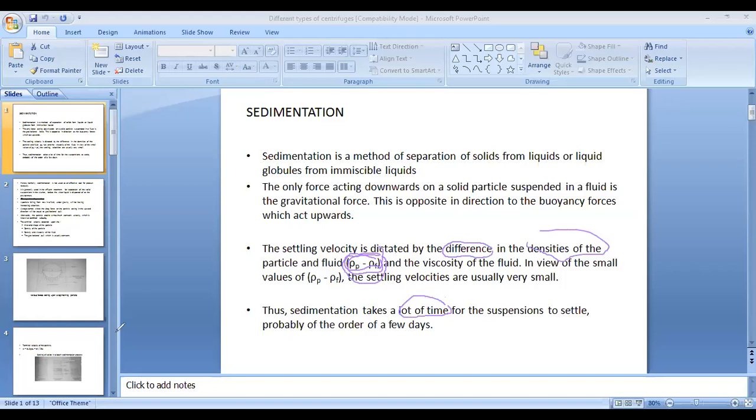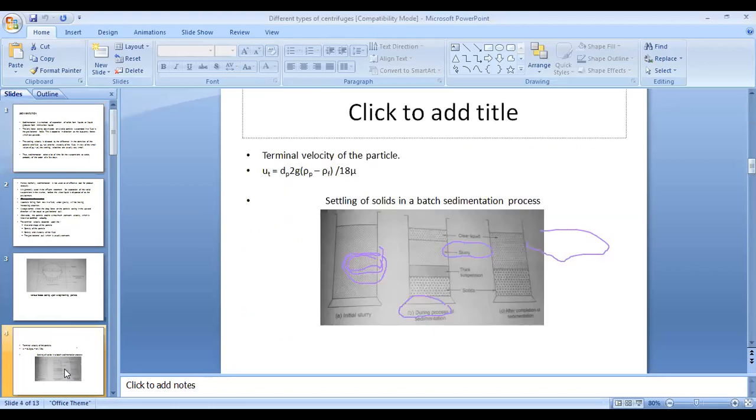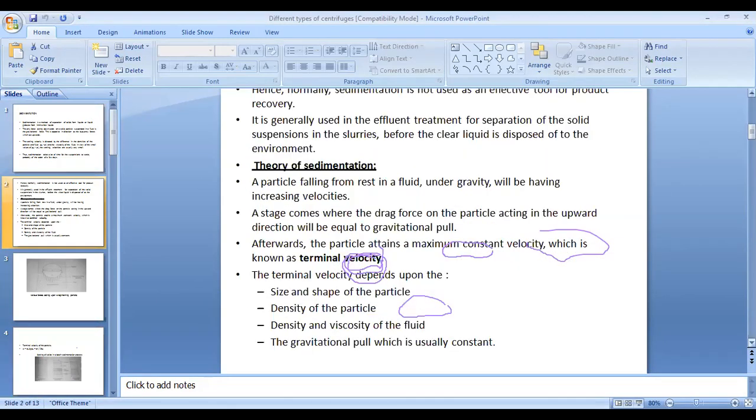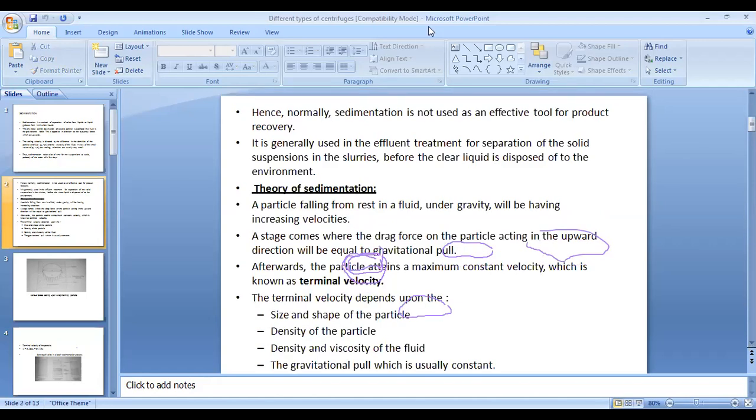The next one is the example. I already discussed that this is not an effective tool for recovery of the product, and it is mainly used after the separation.